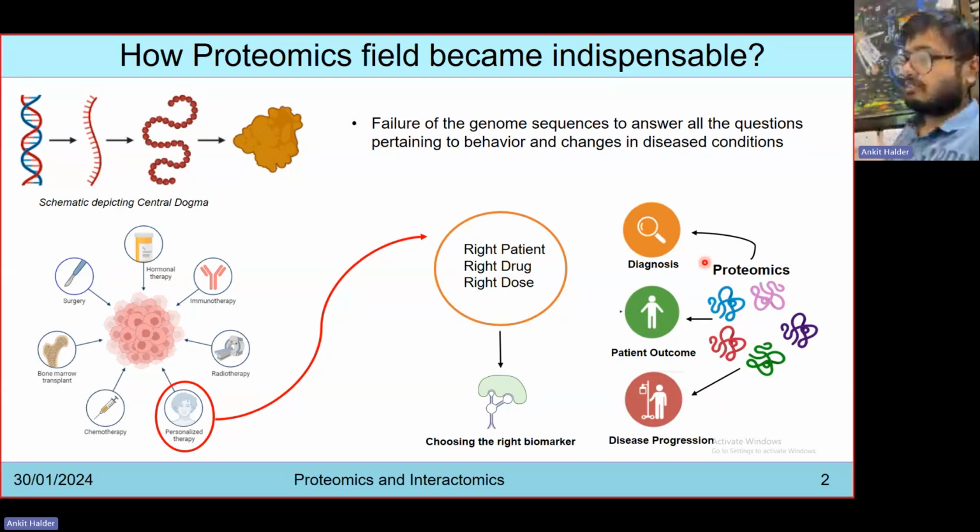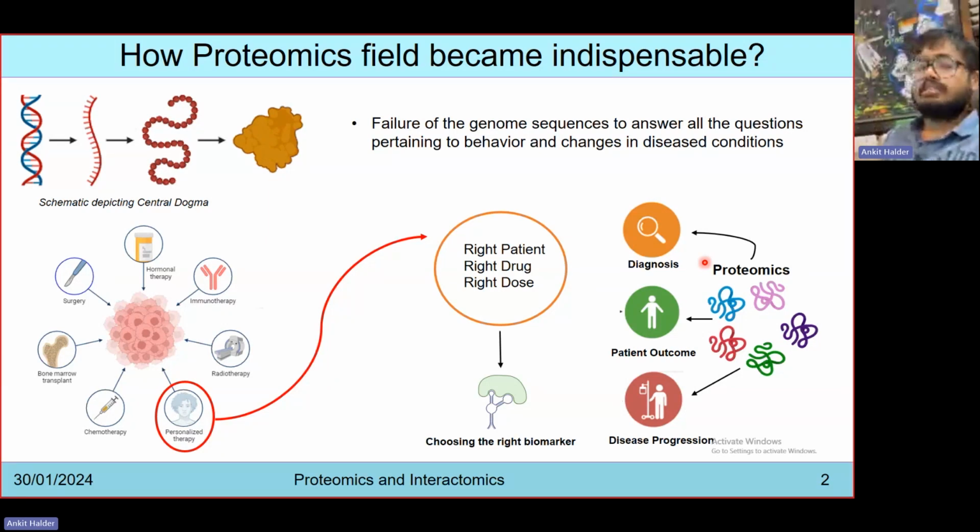Second is the patient outcome. If a protein is overexpressed in that patient, and the drug is administered, how effective will the drug be on that patient? As well as disease progression: whether the patient is going to reach a high-grade or metastatic stage or not.